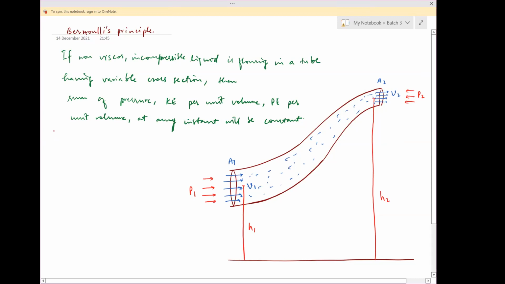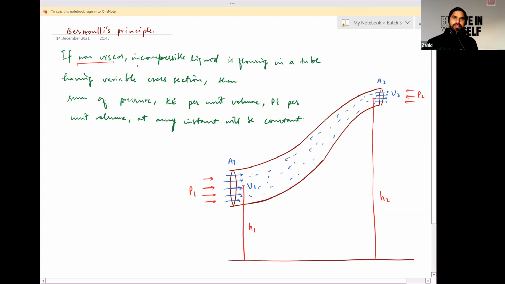Yes, sir. Okay. To prove this statement, there are some limiting conditions. First is non-viscous, second is incompressible.